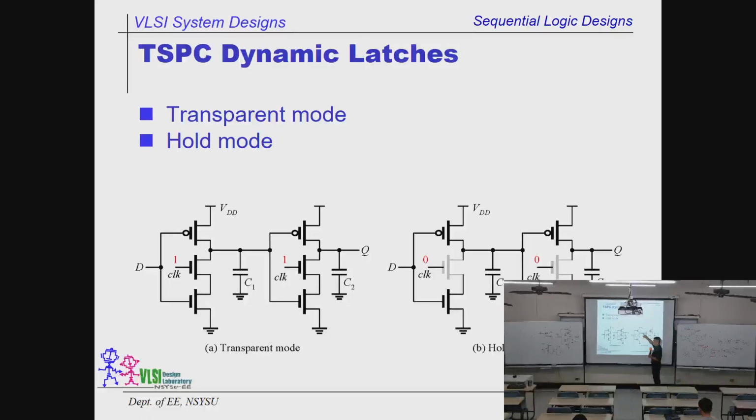So whatever happened before will be kept at the node over here, so nothing will be changed. So there is a sample mode, also known as transparent mode, and when clock is low, it becomes a hold mode. The data is supposed to be maintained there for a while. And this is the TSPC dynamic latch. It is very much welcome. A lot of people use it, including my students.